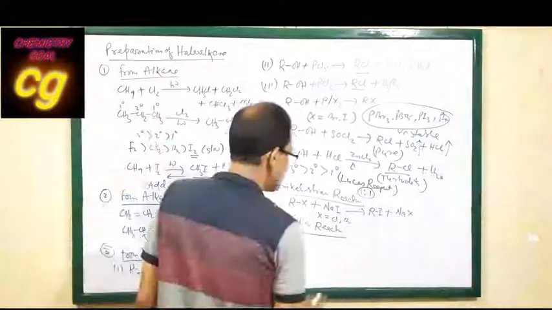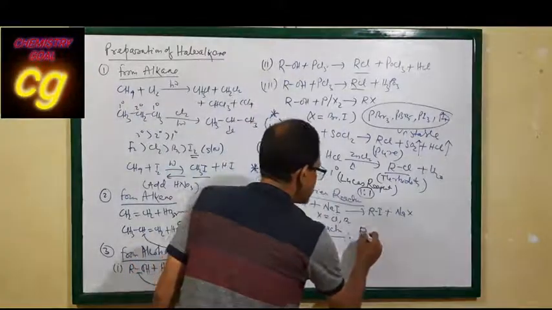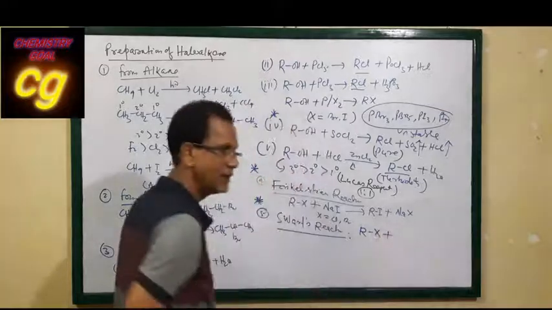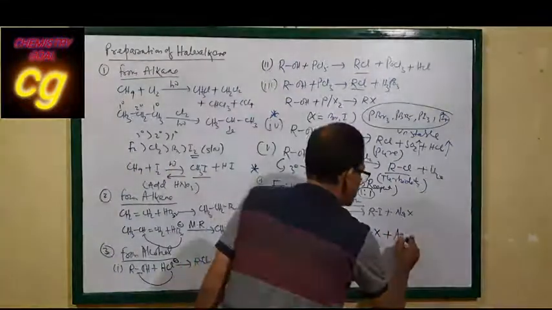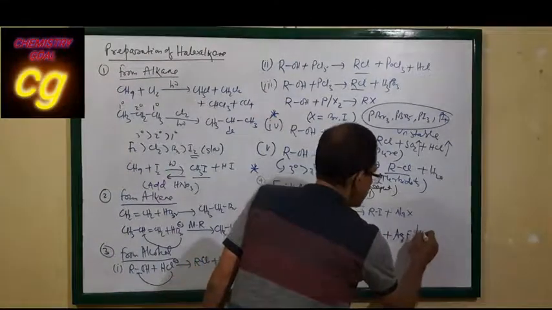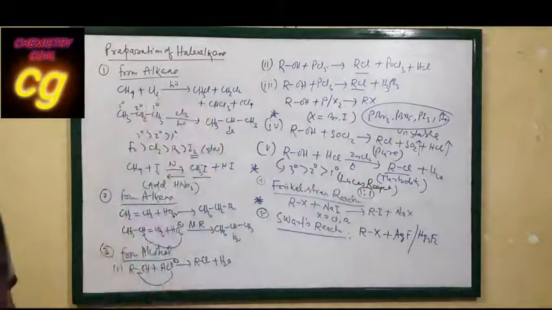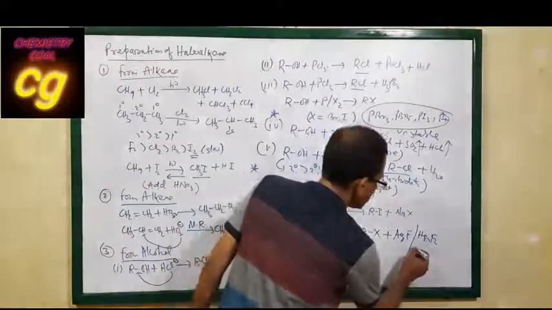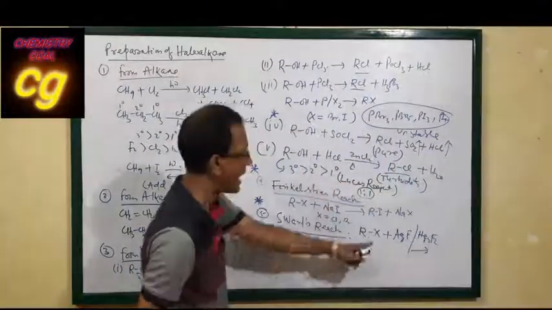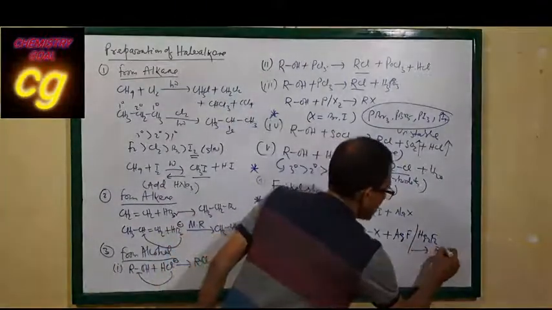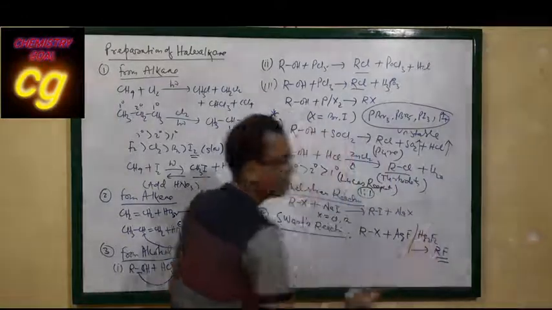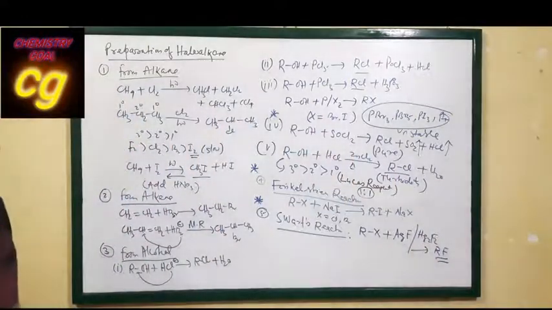You take RX, then use either silver fluoride or mercurous fluoride, and you will get RF, fluoroalkane.